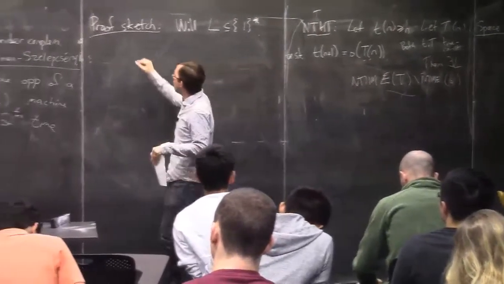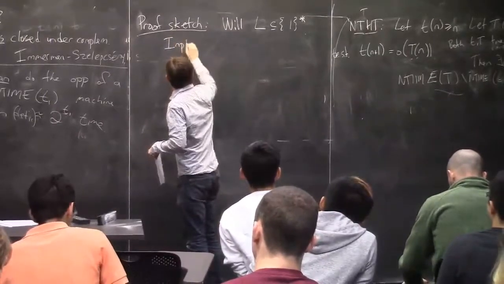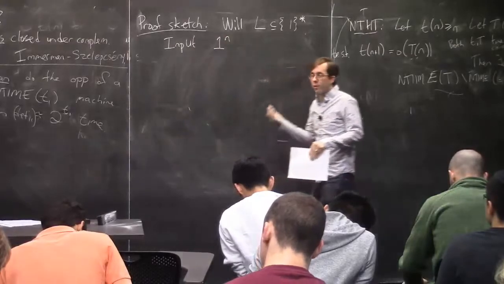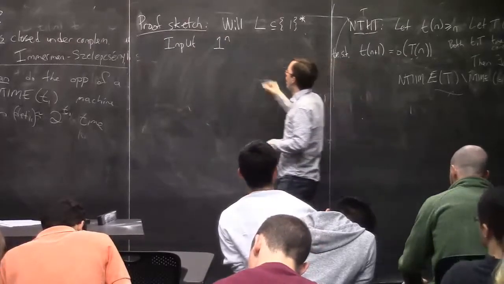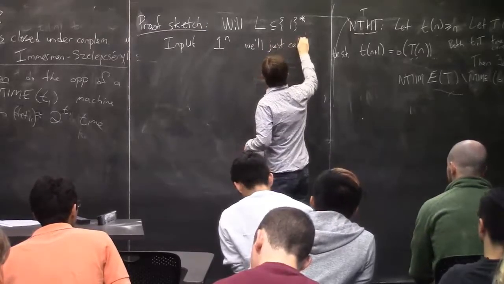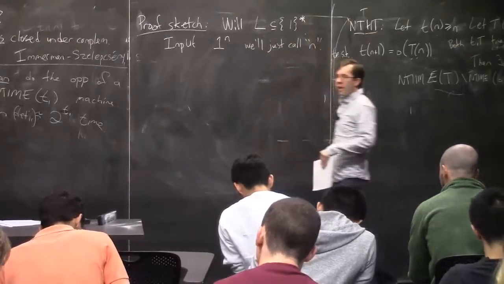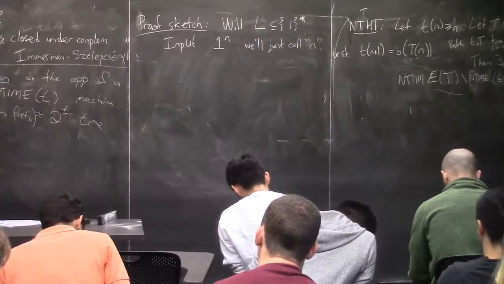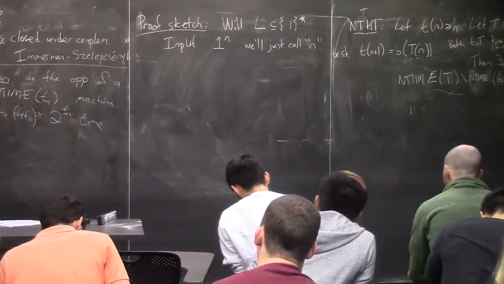All our inputs just look like n many ones, or the symbol 1. We'll just call this n. So we'll think of the inputs n as non-negative integers encoded in unary.